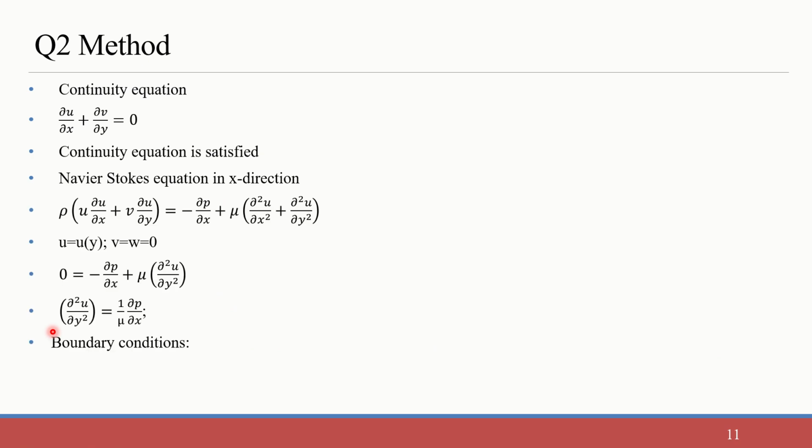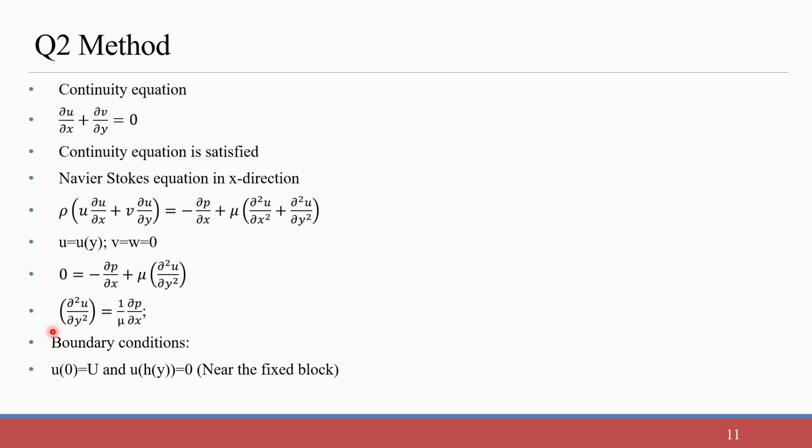Now a quick repetition of what we have done. We saw what was asked in the question, and we did only two things. First, we checked whether the continuity equation was satisfied, and we found that it was. Then we wrote the Navier-Stokes equation in the x direction, knowing that the x component velocity is a function of height, and the y and z component velocities are 0.